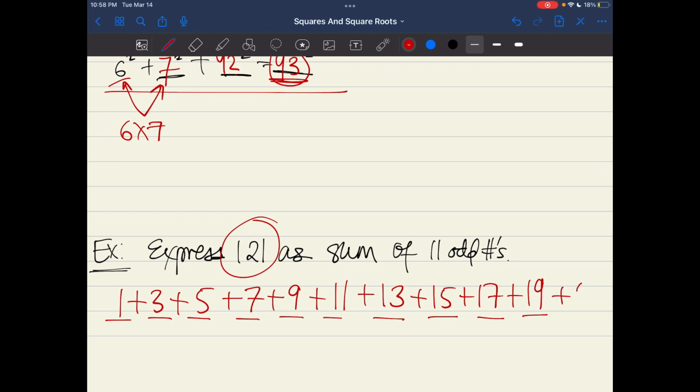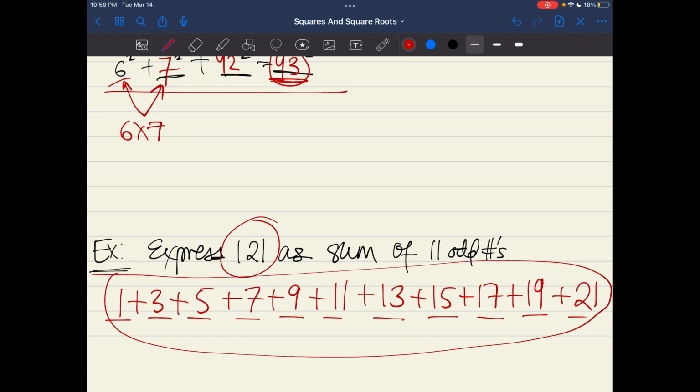And the last one is plus 21. If you were to add all of these numbers, you will get 121. You can check it on your calculator. And we have covered this in this very video. Just go back a little to see how you can express the square as sum of consecutive odd numbers.